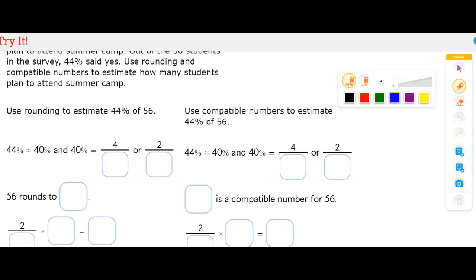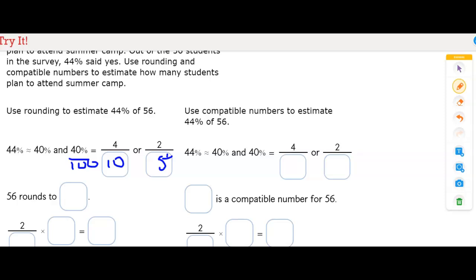And so 40%, let me just write as a fraction, will be 40 over 100. And then you would simplify that and you would get 4 over 10, or simplify further would be 2/5.